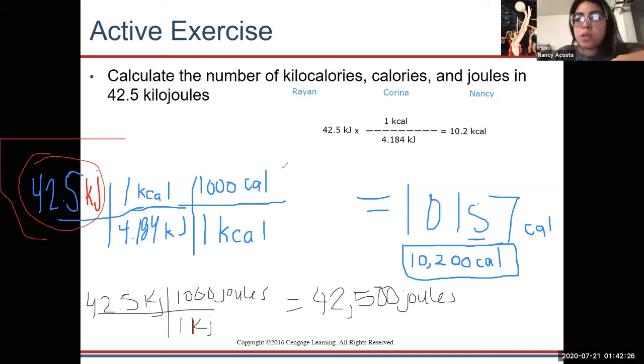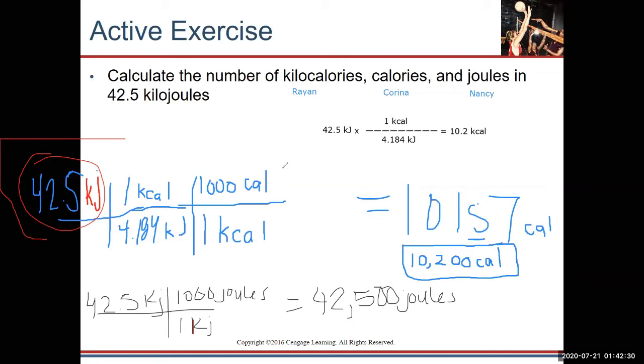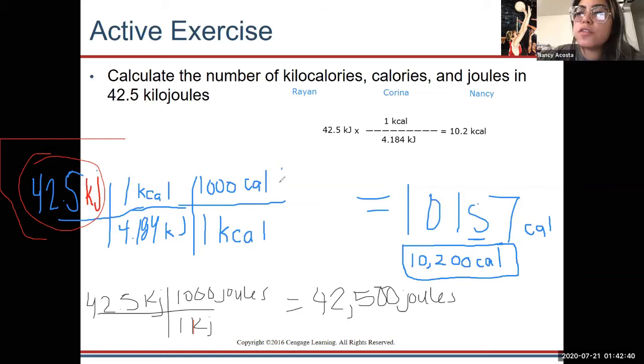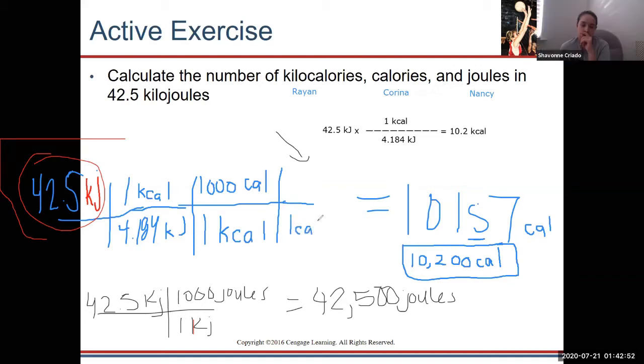So 42.5 times 1,000 times 4.184 divided by 4.184. If you did it the long way, it would just be right here. You would add 1 cal on the bottom, and then on top would be 4.184 joules.